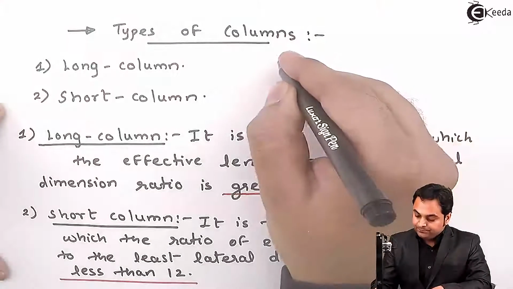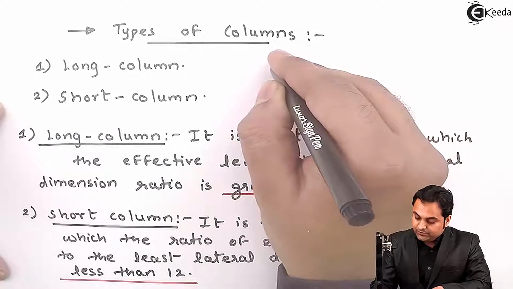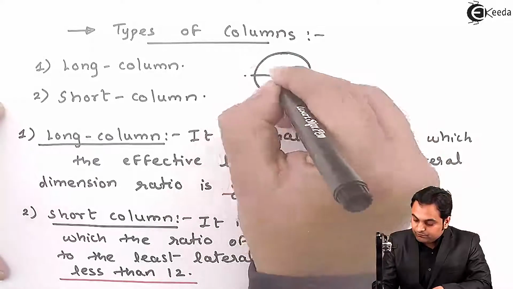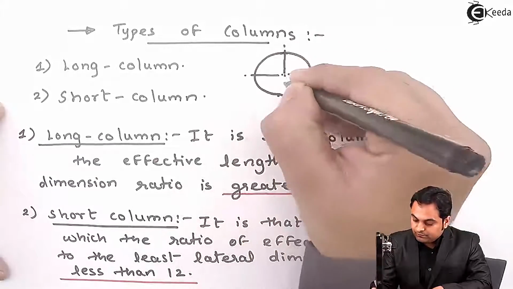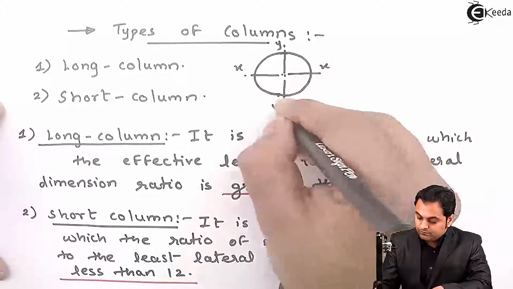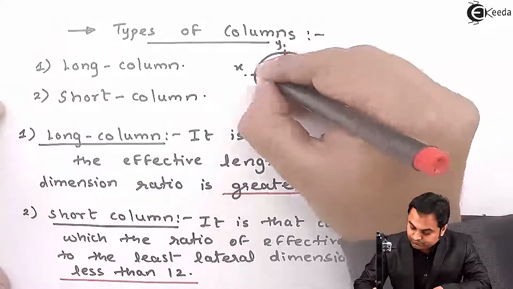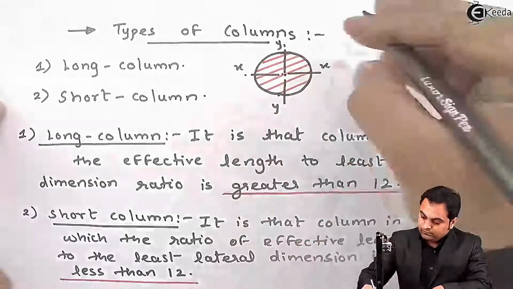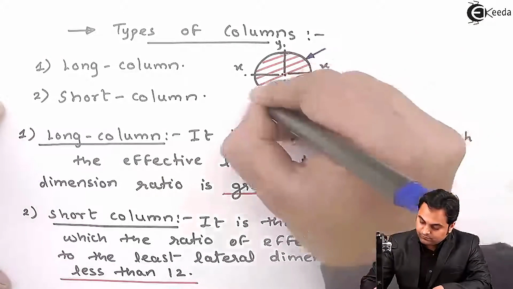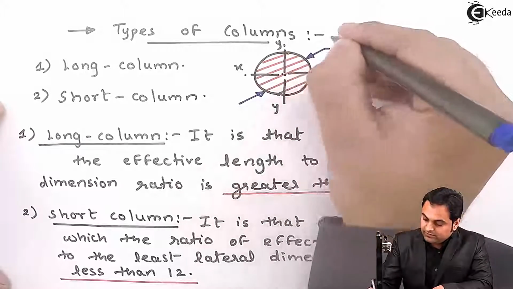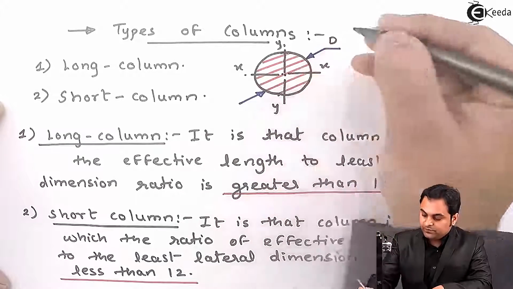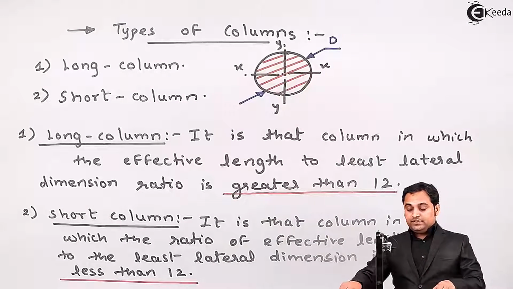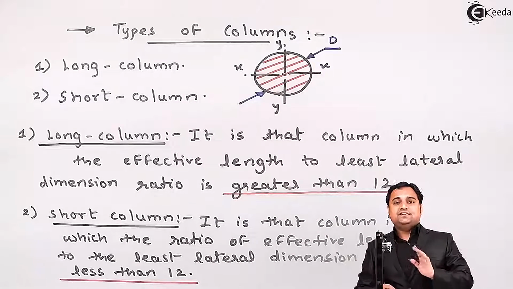First I am assuming that the cross section is circular, and the diameter of this column, which is circular, I am assuming to be capital D. Next, I'll assume the cross section as a rectangle.